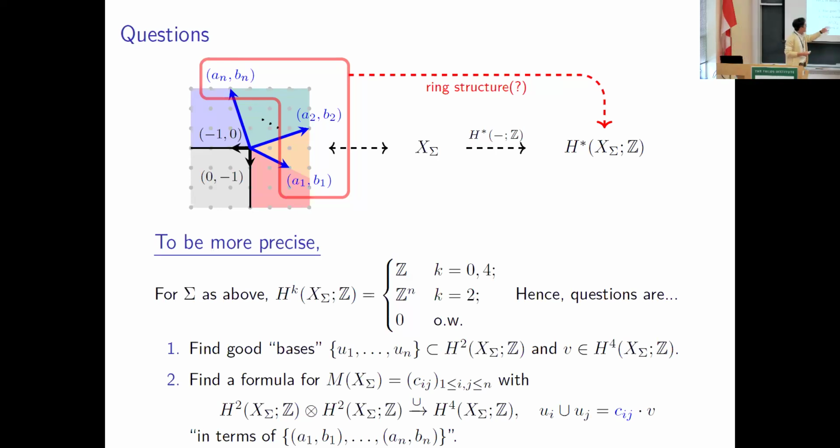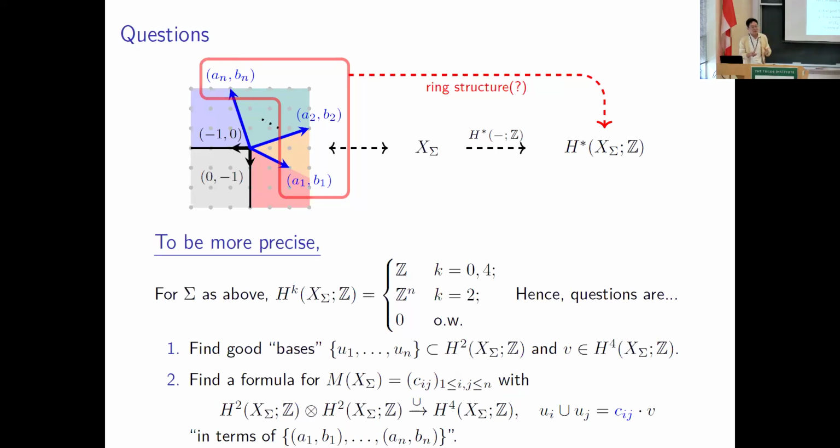Because we have this rank n, there should be some basis. So what is the basis in degree 2 and degree 4? Then we can think of the product structure with respect to this basis. If you multiply the degree 2 basis elements u1 through un, there should be some integer c_ij, which is the multiple of the degree 4 generator.